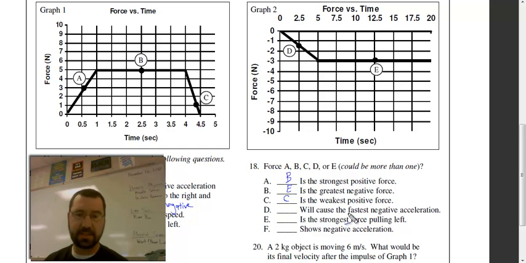What will cause the fastest negative acceleration? The fastest negative acceleration would be caused by the greatest negative force, so that would be E as well. Okay, is the strongest force pulling left? Strongest force pulling left. So which one would that be here?